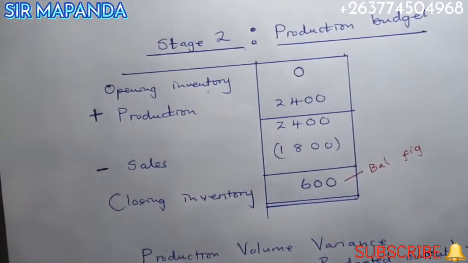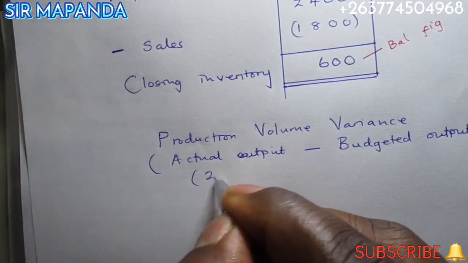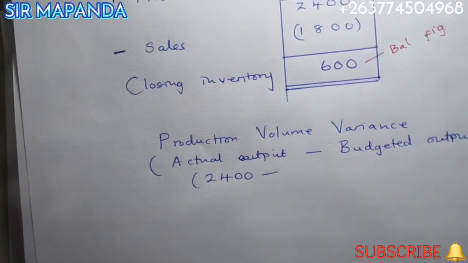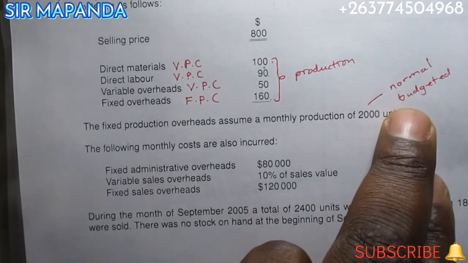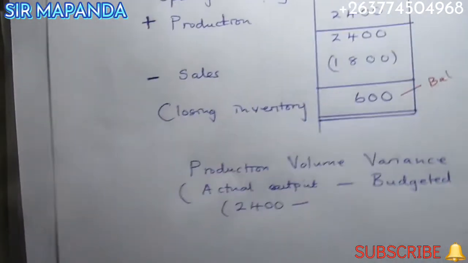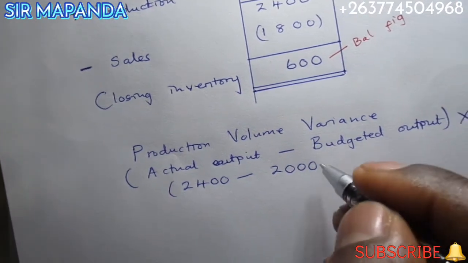So the actual units produced here, we are given as 2,400. So I'm going to put 2,400 on actual output. The budgeted output refers to the given anticipated or normal activity level, which is 2,000. So I'm going to less 2,000, representing the budgeted output.